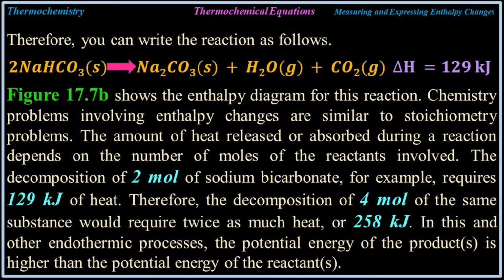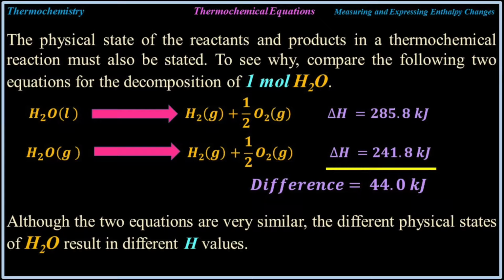Therefore, the decomposition of 4 moles of the same substance would require twice as much heat, or 258 kilojoules. In this and other endothermic processes, the potential energy of the products is higher than the potential energy of the reactants. The physical state of the reactants and products in a thermochemical reaction must also be stated.